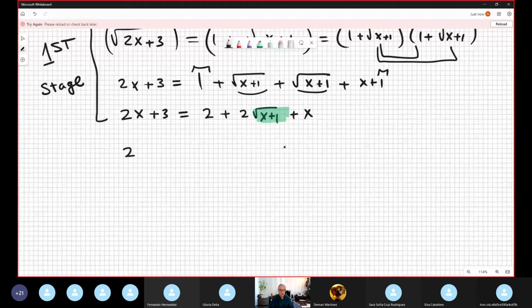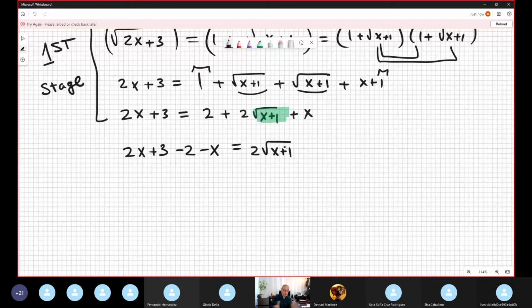So you copy 2x plus 3 minus 2 minus x is equal to 2 times radical x plus 1. I isolated this. Okay, in algebra, this is too long. You move, combine like terms, reduce the sign of the equation, to have 2x minus x is 1x, and 3 minus 2 is 1. Cool.